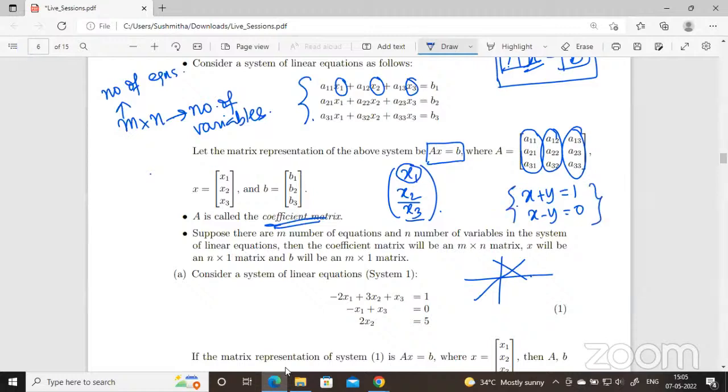If I have two lines, what are the possible things that can happen? They will either intersect at one point or they will not intersect at all. They will be parallel or coincident. They will both represent the same line.